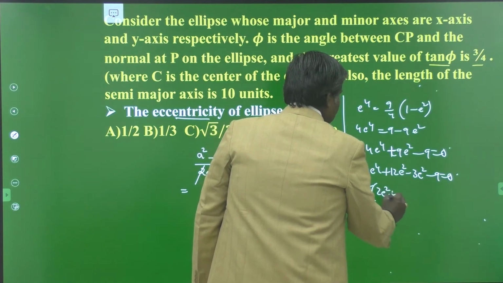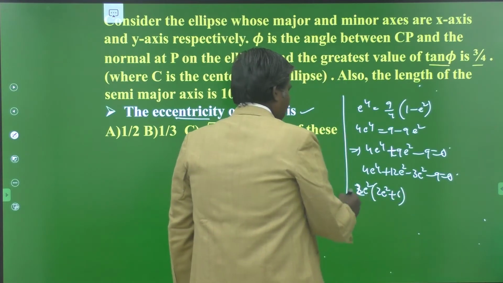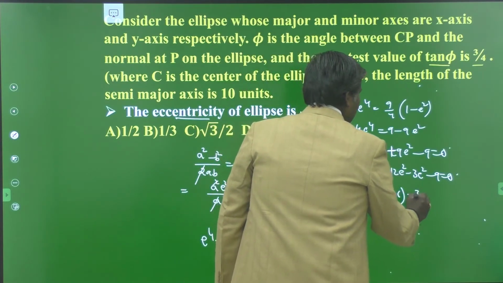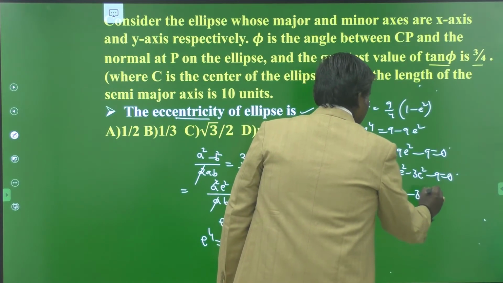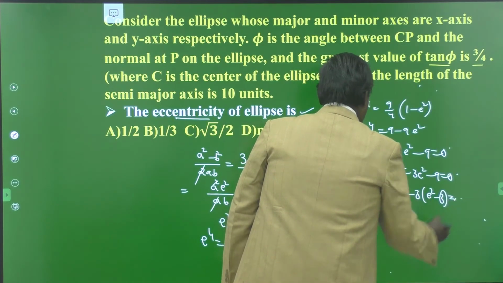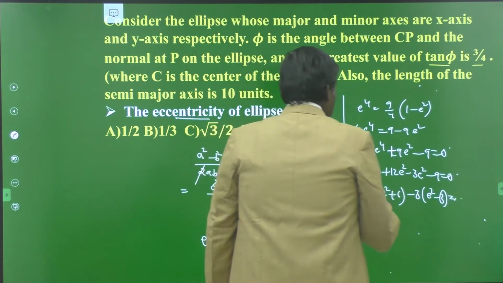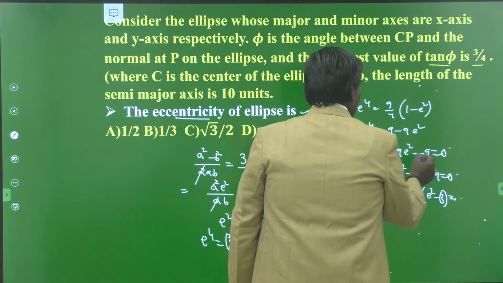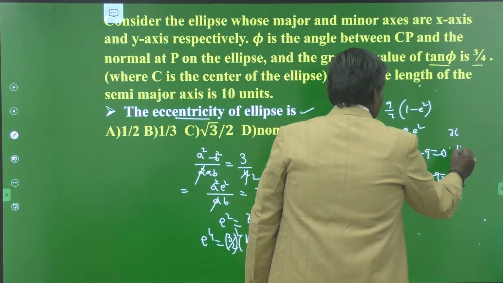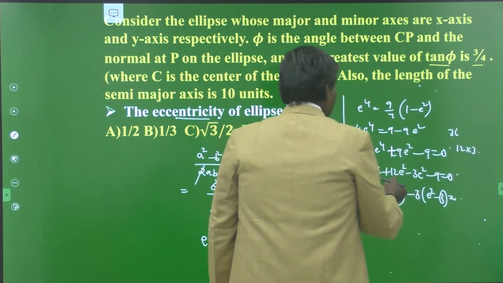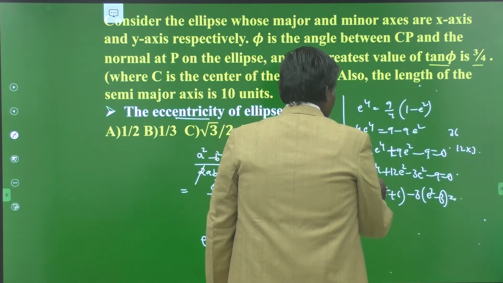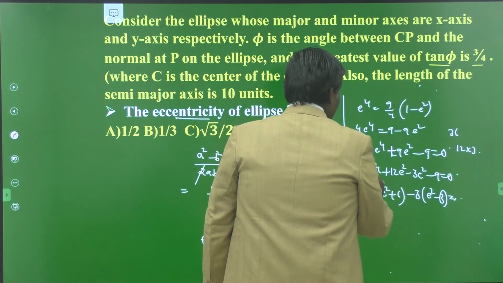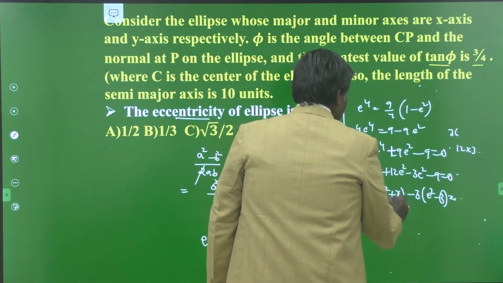So you can take common 4 e square from the first two terms, and 3 from the last two.